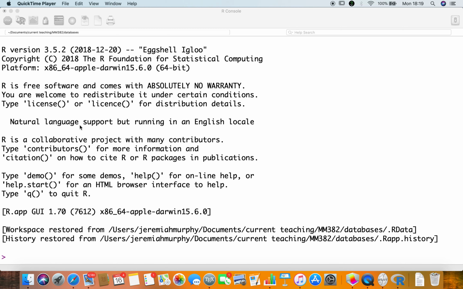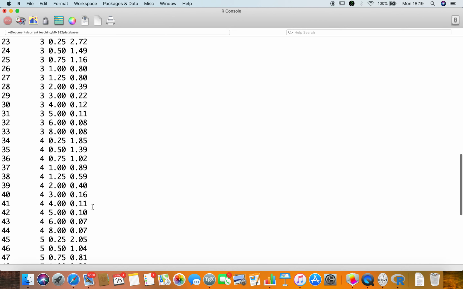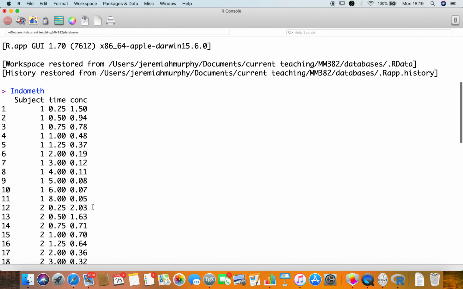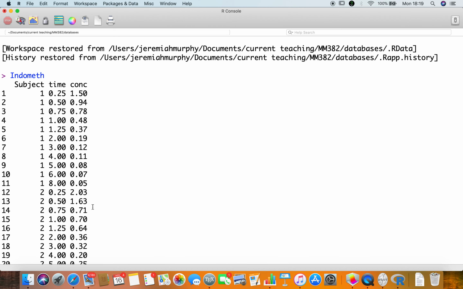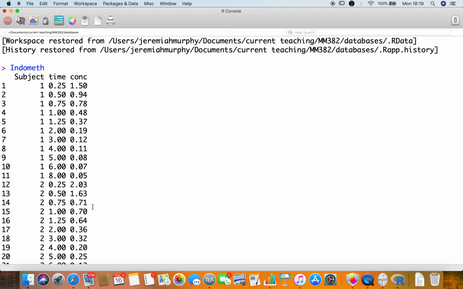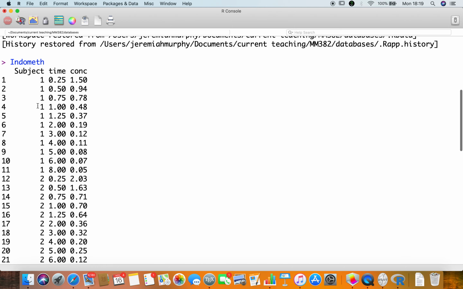So one of the examples that's inbuilt into R is given by the Indometh data set. Okay, so if I go into the Indometh data set, I see that there's time and concentration. And you've got a subject column as well. Now, the subject is what's called a categorical variable.